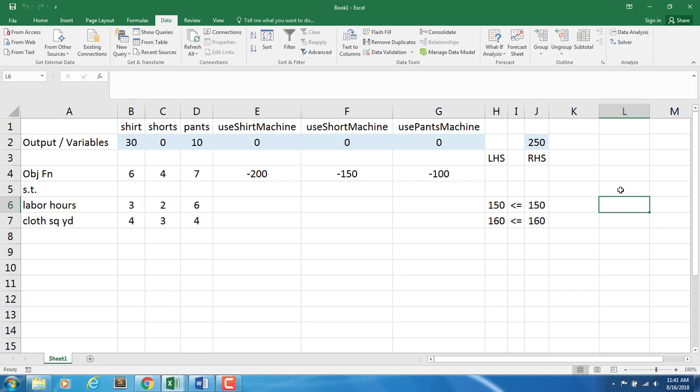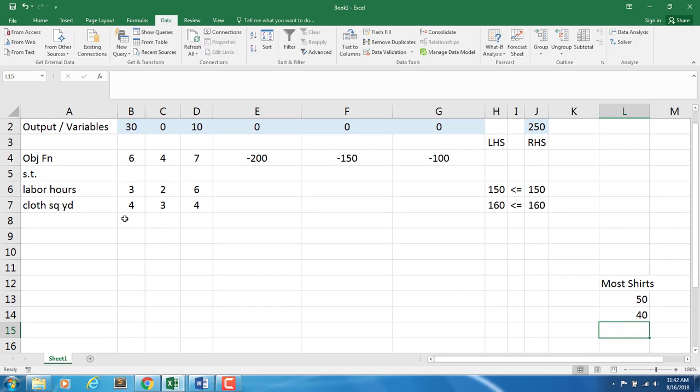So let's do this. Let's go down here, maybe. Most shirts. This is 150 divided by labor hours, 50. Or if we're looking at it from material, 40.